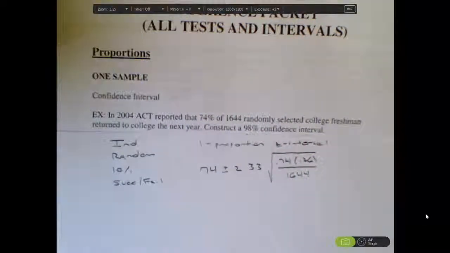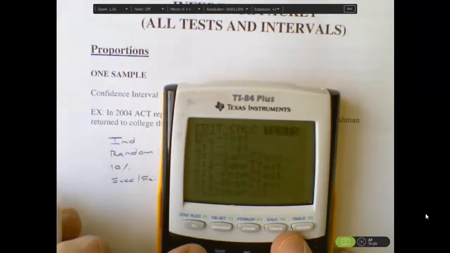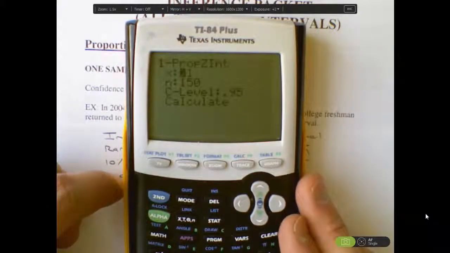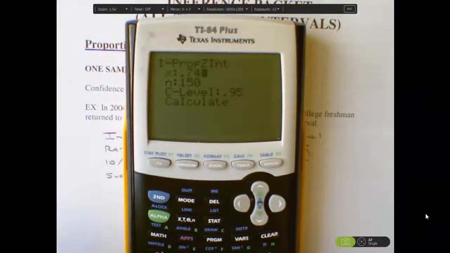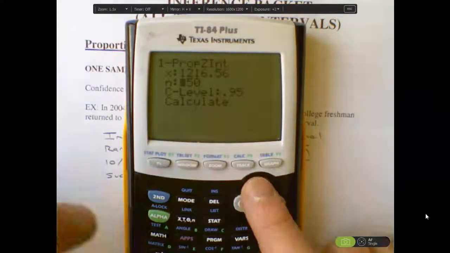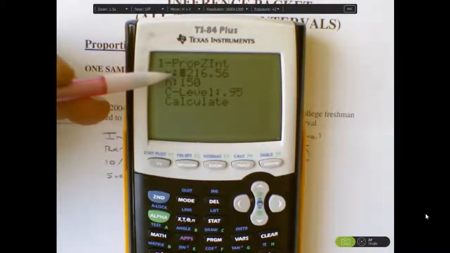All right, so I'm going to go to my calculator and I'm going to go to stat test. I'm going to find one proportion Z interval. X is the number of successes, so I have 74% of my sample size. But remember, this has to be an integer value, so I'm going to round this to the nearest integer, 1,217.